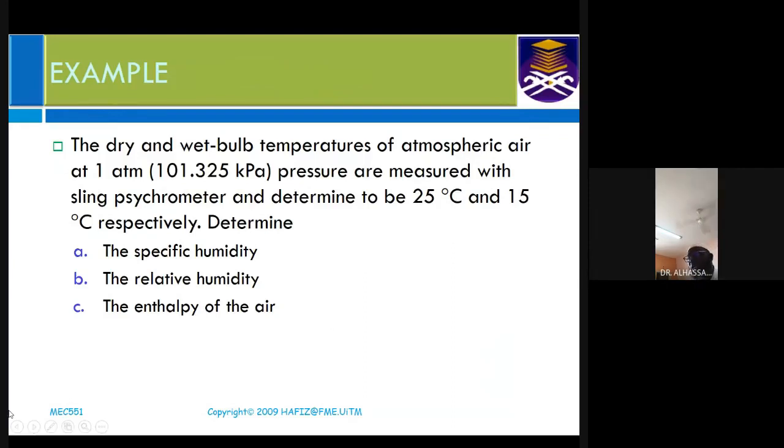Now determine the specific humidity, relative humidity, and then the enthalpy.